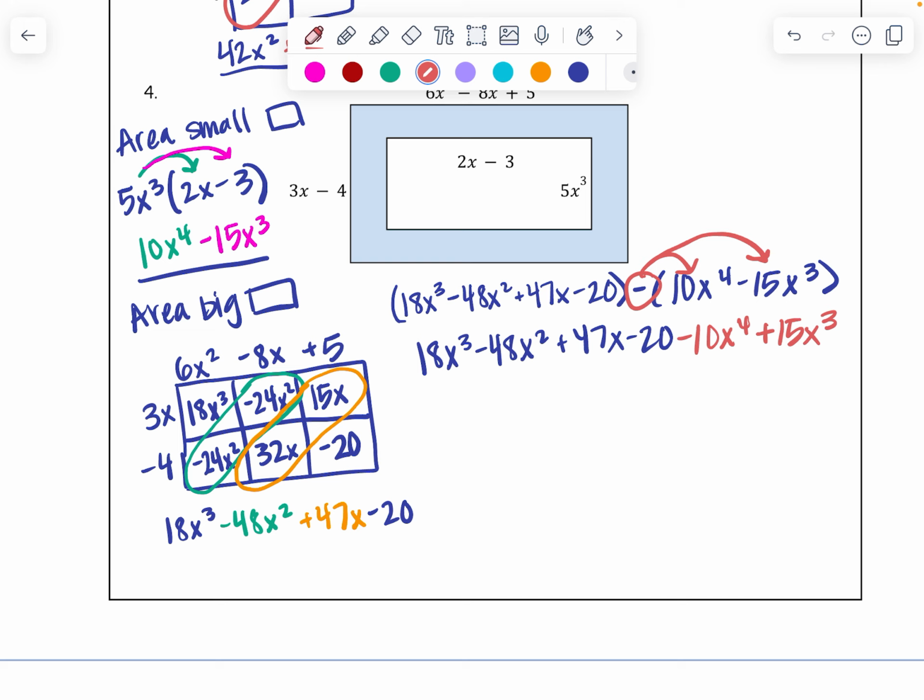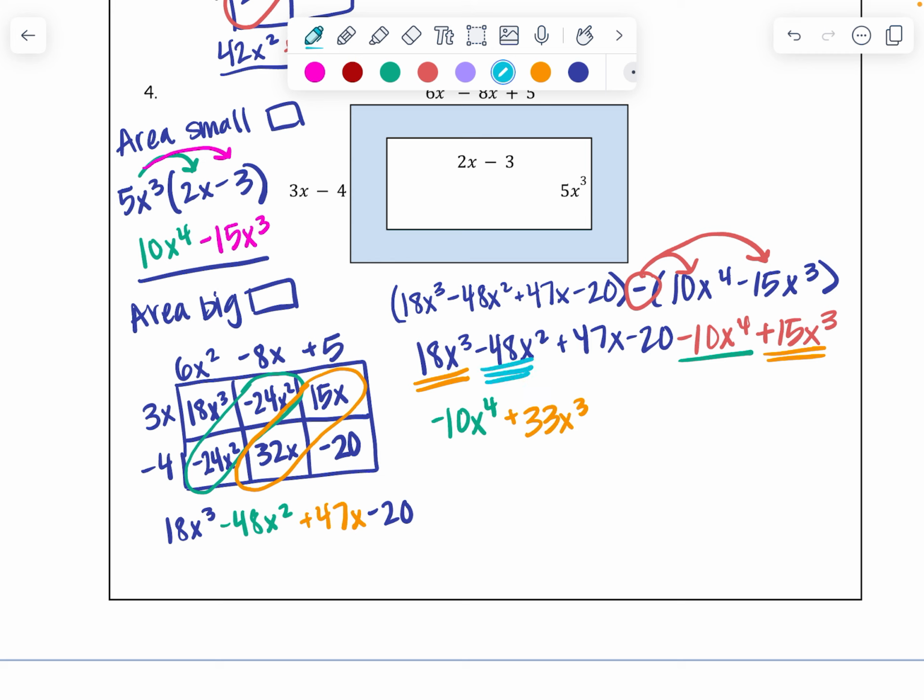Combine like terms. So I'm going to start with the highest exponent. That would be negative 10x to the power of 4. There's no like term, so that stays as is. Next, 18x cubed and 15x cubed is 33x cubed.